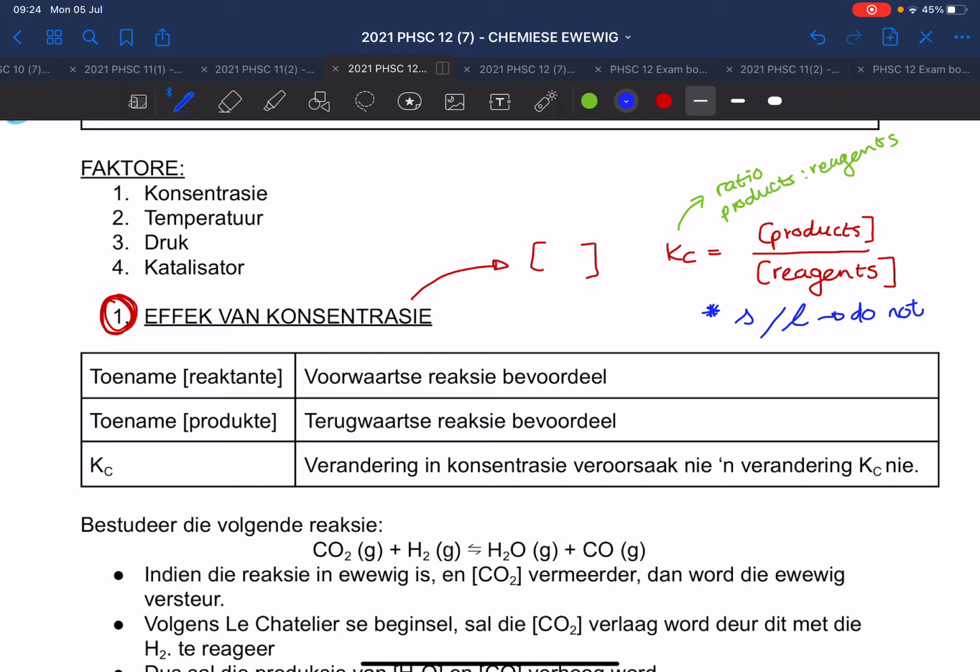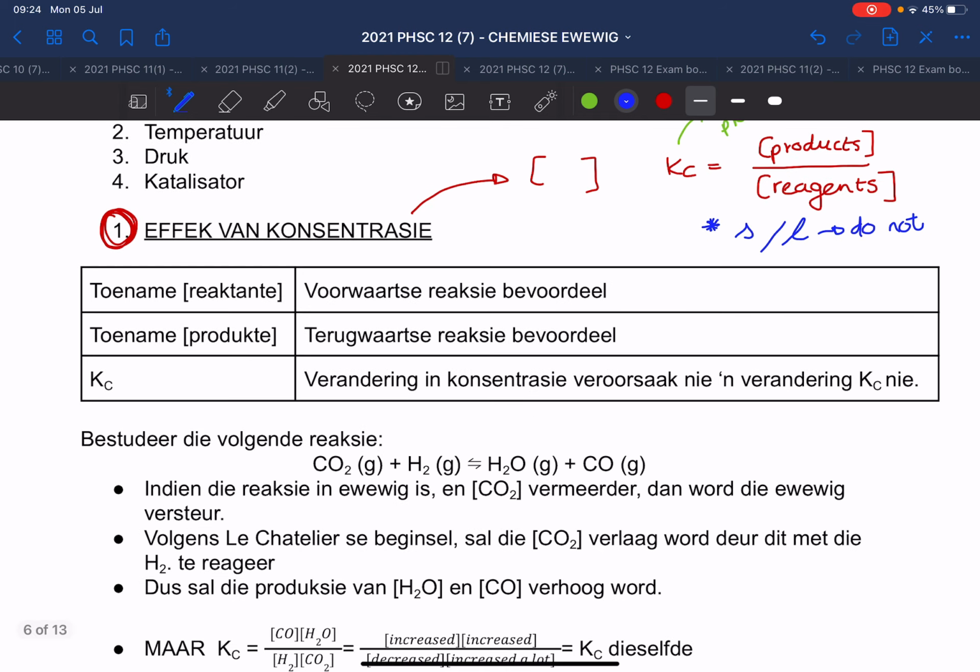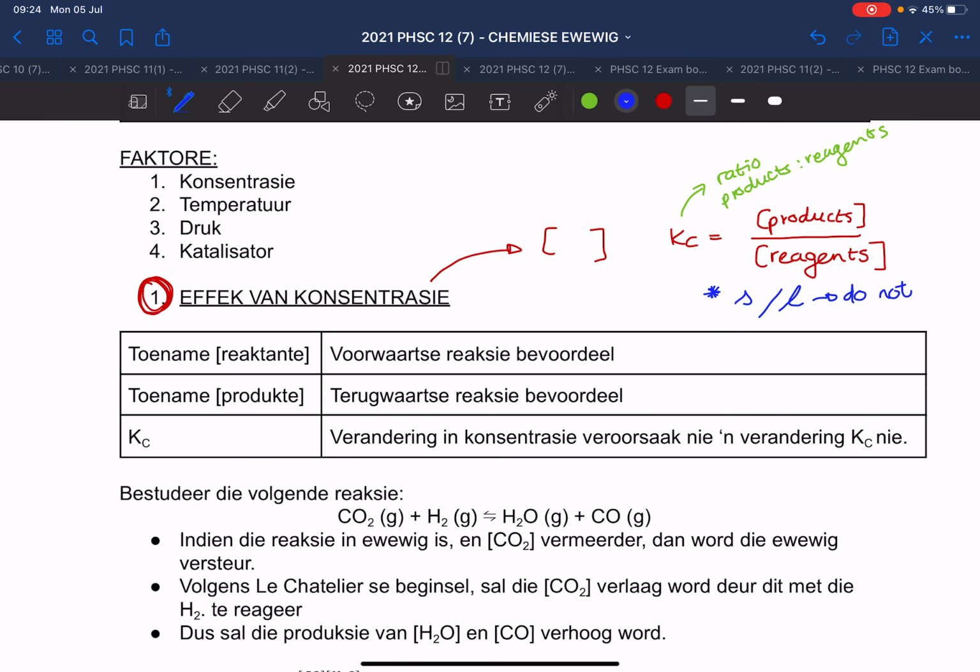Okay, reg. Dan, so, hoe gaan ons die konsentrasie vergelyk? Now, when we look at the concentration, I want you to think of a seesaw. 'n Wipplank. Okay? With a seesaw, when we're at equilibrium, dan is hy reguit. Wanneer ons by ewewig is, is hy reguit. Daar, ons kan eintlik 4 goeders doen, maar daar's 2 uitwerkings.